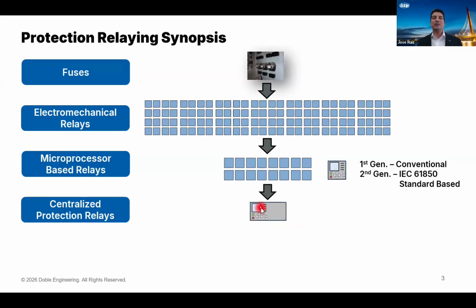So how can I do, with one single box, the same job that I was able to do with multiple electromechanical relays? This is kind of one big microprocessor-based relay with multiple protection elements, multiple overcurrents, distance, transformer differential, and so on in one device.